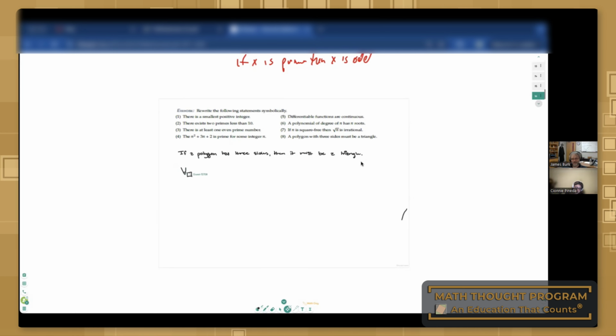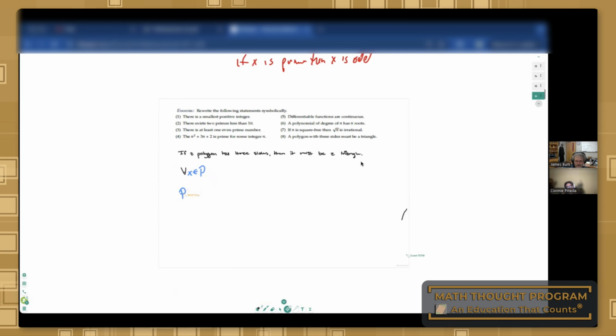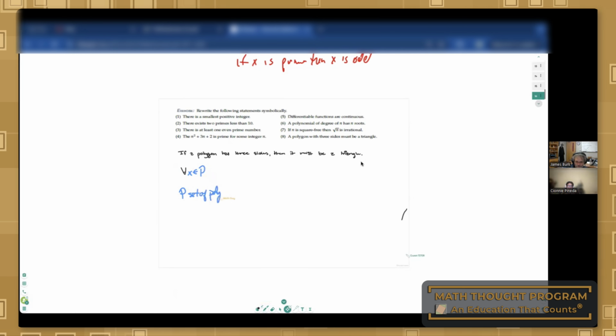I just don't know what I would put here. You could say a lot of different things. Let's say for every X, and we'll say P. If you say P, you have to define what P is. It's a set of polygons. So we're saying this particular polygon, like X in the set of polygons?